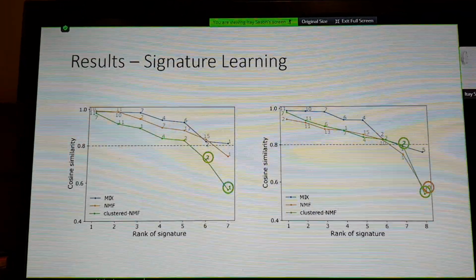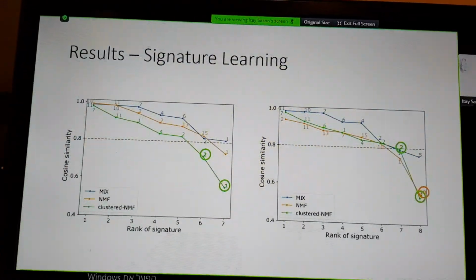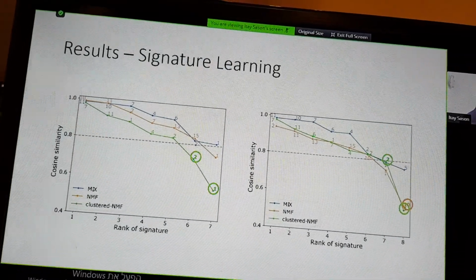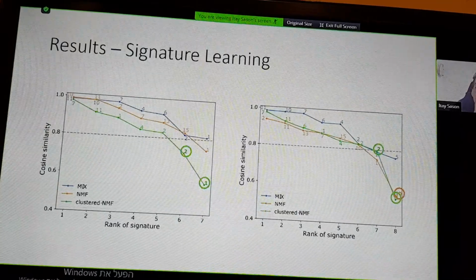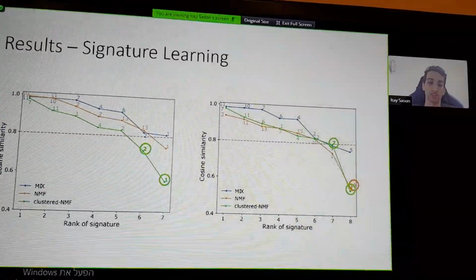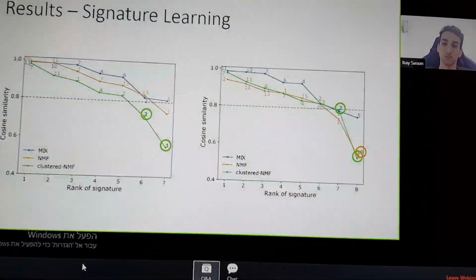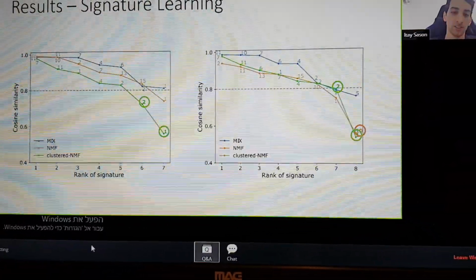When trying to learn more than 6 signatures, we get similar results. When learning 7, NMF and Mix have similar results, but Mix still seems to be better on 4 out of 7 signatures. When learning 8, clustered NMF is better than NMF, but still worse than Mix. Mix seems to drop in performance on the 8th signature, and even then, it is not a duplicate and not a significant fault.